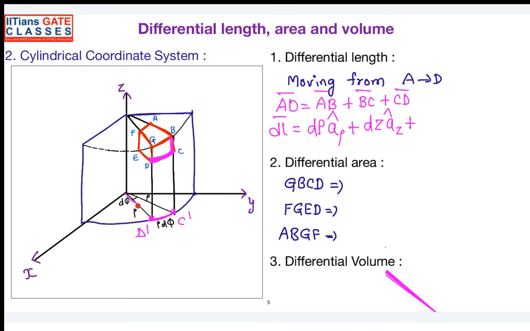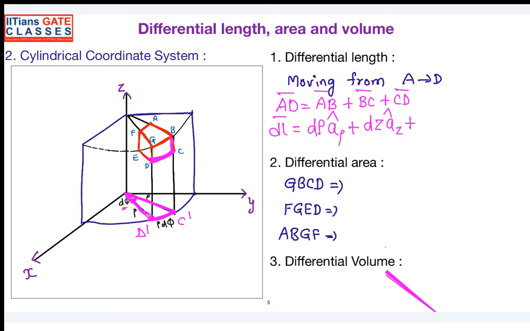Now you can look at this particular part. This represents a sector where the radius is rho and the angle between them is d phi. So what is the length of the arc in that case? The length of the arc is nothing but the radius multiplied by the angle between them. So the length of the arc is radius rho times the angle d phi.